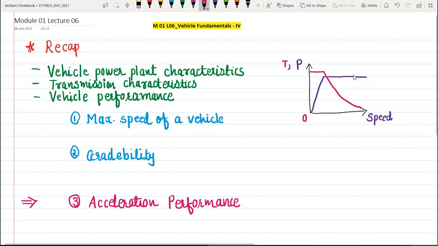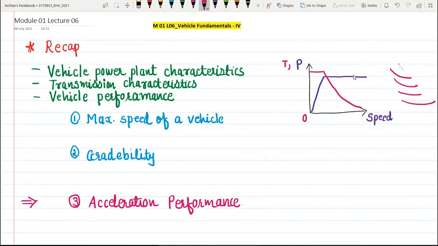And we have compared the IC engine as well as electric vehicle, electrical motor as a power plant, and we have seen that in both the cases we will be able to get the shape of the characteristics just like that. The only difference is in case of gasoline powered IC engine, we have seen that we have to use the multi-gear transmission, right? So what we have done is we have seen that the first gear will give you this kind of characteristics, then we will have a second gear, then third gear and fourth gear.